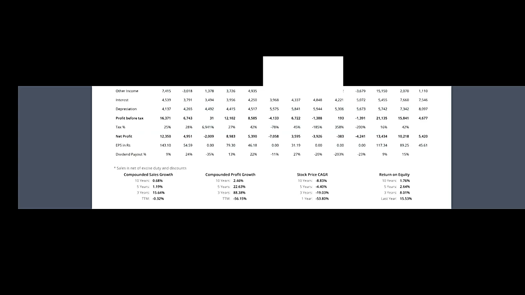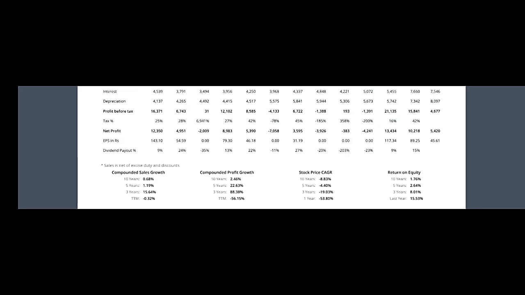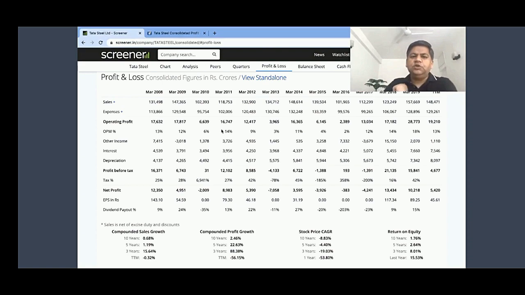There will be a point in knowing the efficiency of the parent company. But when you see that the consolidated numbers are much bigger than the standalone number, then at that point of time it is very important that you stick to the consolidated figure and not to the standalone numbers, right?